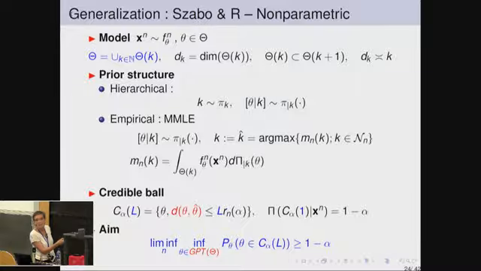So that's a hierarchical prior, and you can either select k using a prior on k, and then you have a fully Bayes procedure, or you could be empirical Bayes by looking at the maximum marginal likelihood estimator for k. So you compute for each k the marginal likelihood, and then you take the k that maximizes the marginal likelihood. They are both going to give you essentially the same result.